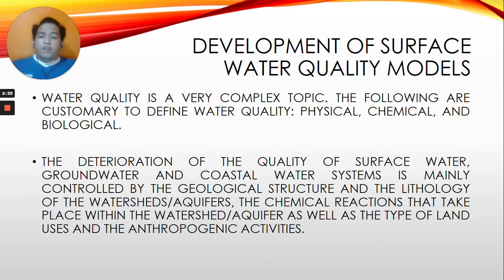The deterioration of the quality of surface water, groundwater, and coastal water systems is mainly controlled by the geological structure and the lithology of the watershed's aquifers, the chemical reactions that take place within the watershed or aquifer, as well as the type of land uses and the anthropogenic activities. So that deteriorates the quality of surface water or any type of body of water.